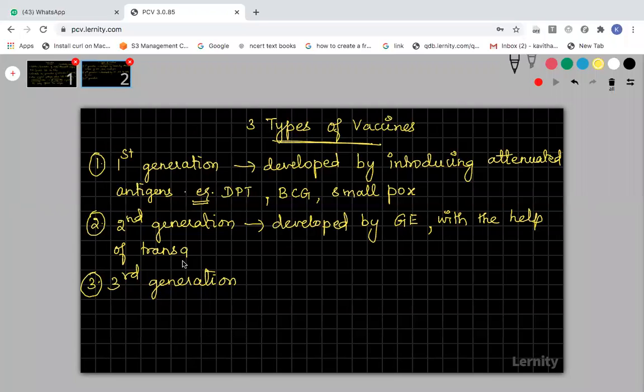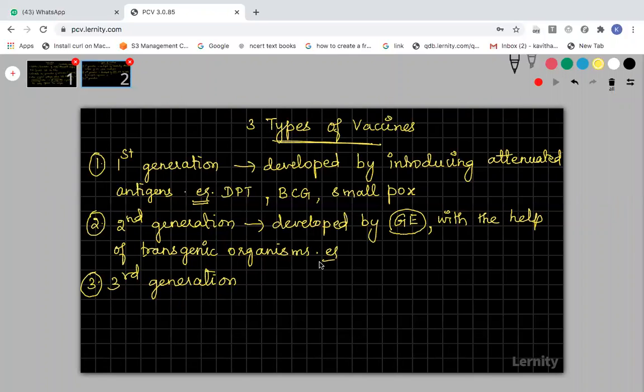You know what transgenic organisms are? Whatever new organisms we develop using biotechnology are called transgenic organisms. You will study this in detail in the biotechnology unit. The vaccines developed with the help of transgenic organisms by applying genetic engineering techniques come under the second generation vaccines.